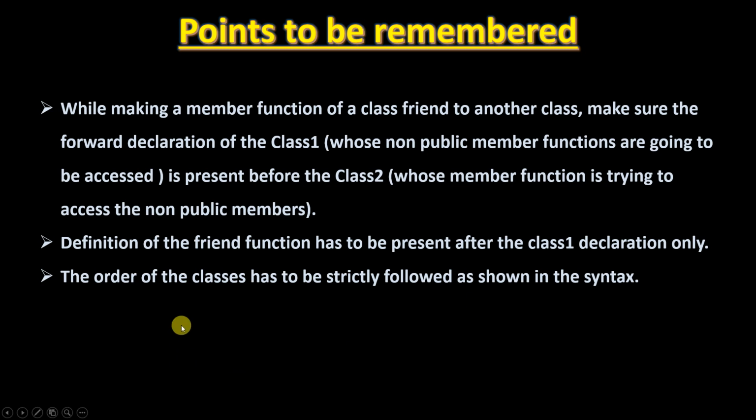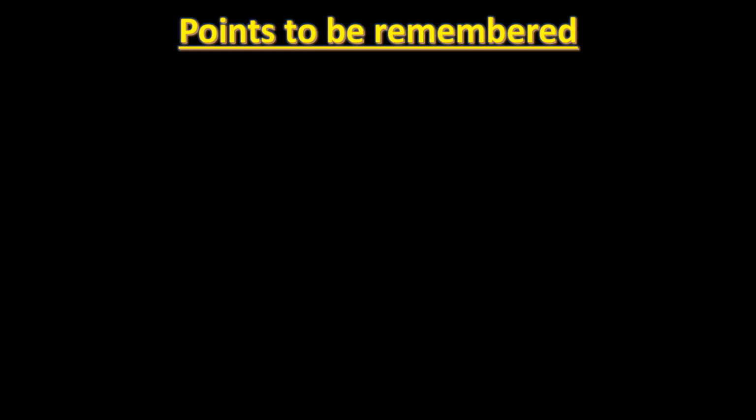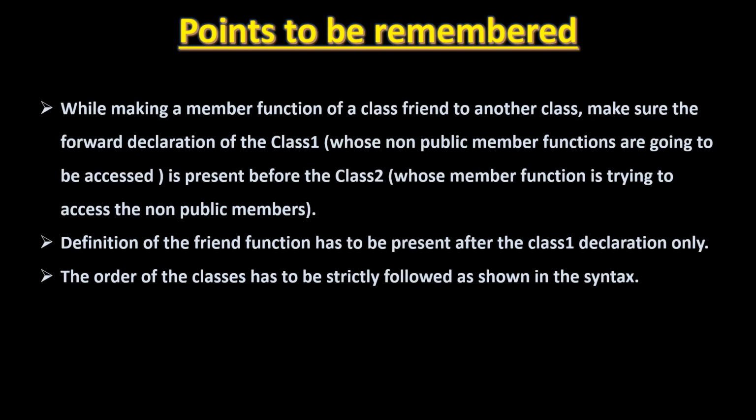Here the order is a must because in C++ compilation starts from the beginning of the file. So the order of the classes has to be strictly followed as shown in the syntax. If you are getting errors, it means you are not following the order properly. Those are the points you have to remember.